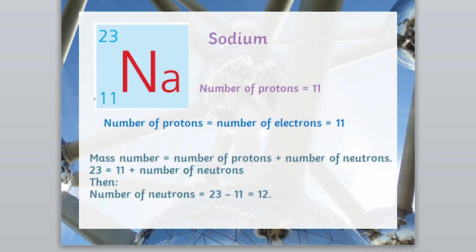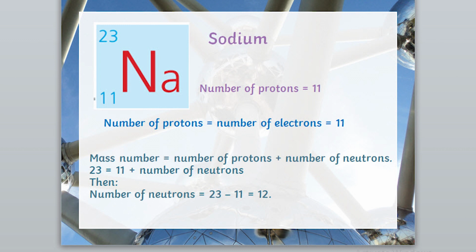How will I know the number of neutrons? The mass number is equal to the number of protons plus the number of neutrons. The mass number is 23, and there are 11 protons, so what is left is the number of neutrons.